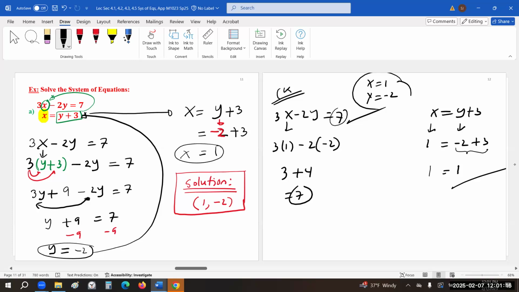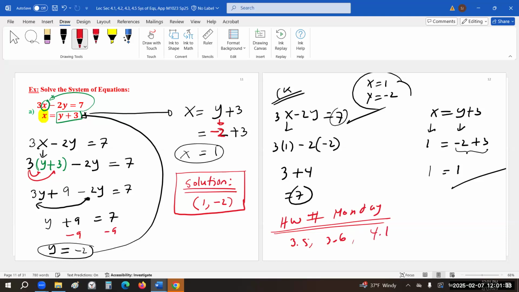So your homework for Monday. Let me give you homework for Monday. Homework for Monday midnight. It will be 3.5, 3.6, 4.1. Oh, 4.1 is graphing.